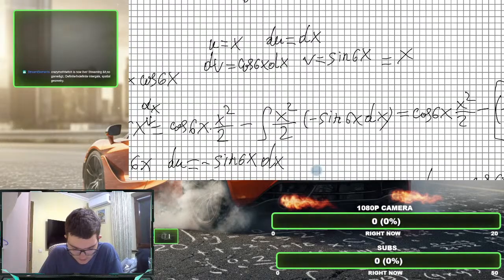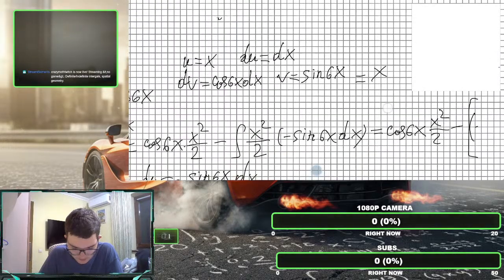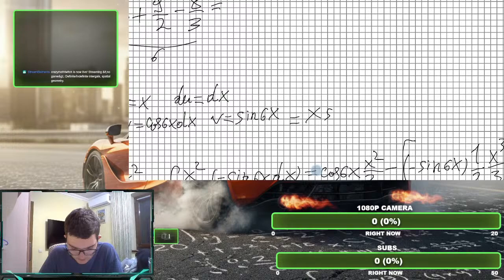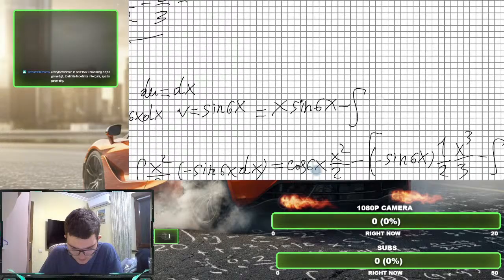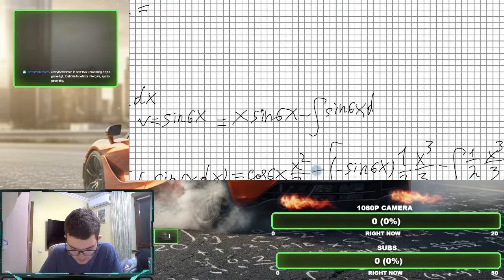Okay, now times the v, which is sine 6x, and now minus the integral of v, which is sine 6x, times du, which is dx. Okay, so now I can solve it, right?